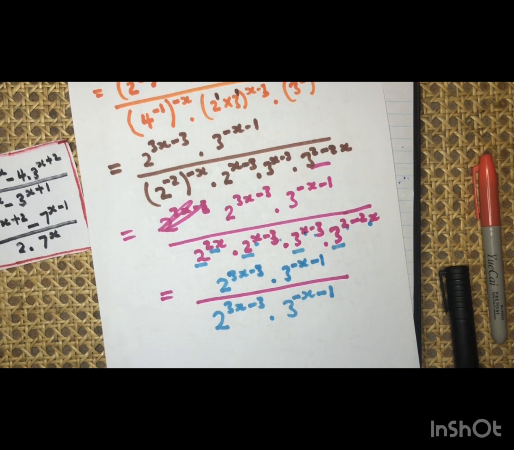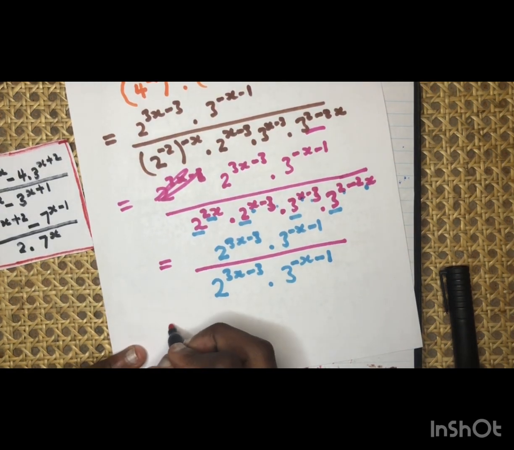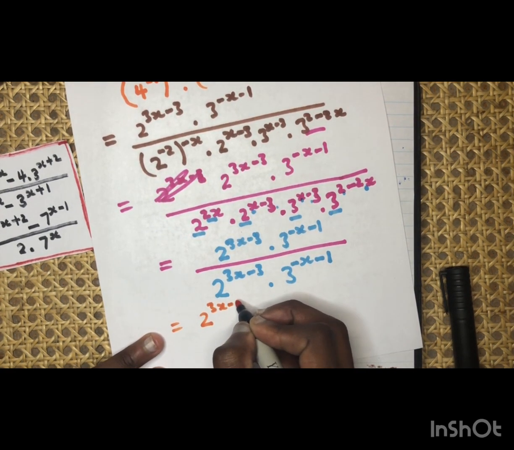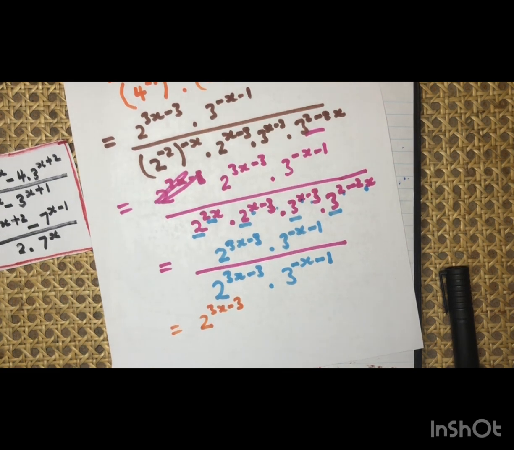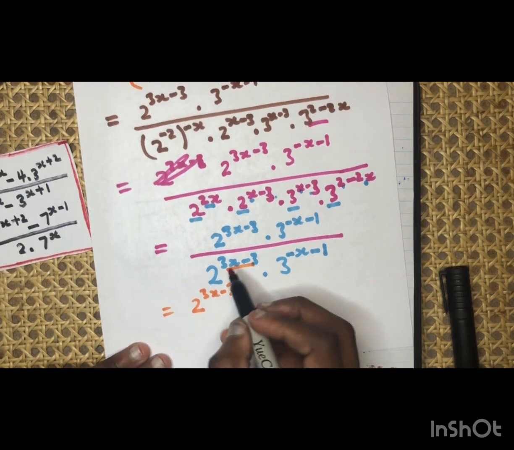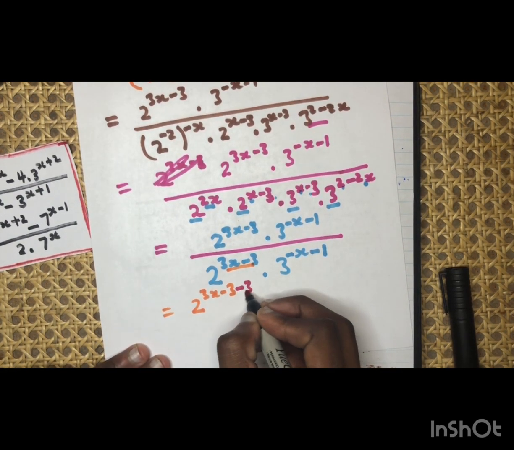So I'm going to take everything to the top now. Remember, if we take everything to the top, the signs of the exponents change. Don't forget that. So I'm going to say 2. Remember here we already have 3x minus 3. So if I take this to the top, the signs must change. I was having positive 3x, now it's going to be negative 3x.